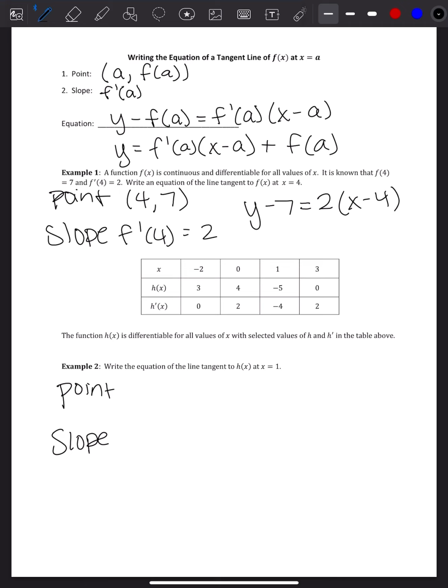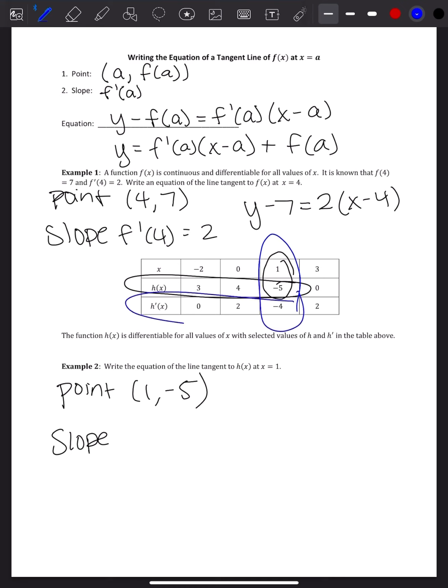Our point at 1, looking here, h of x gives us negative 5, so 1 comma negative 5. Our slope is our derivative, so still at 1, but h prime of x, so negative 4. So we get our equation of y minus negative 5, so plus 5, equals negative 4 times x minus 1.